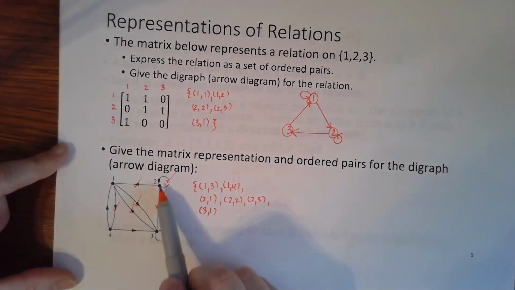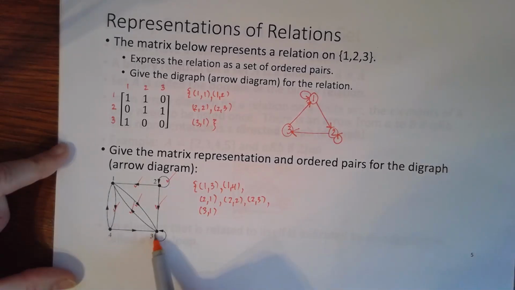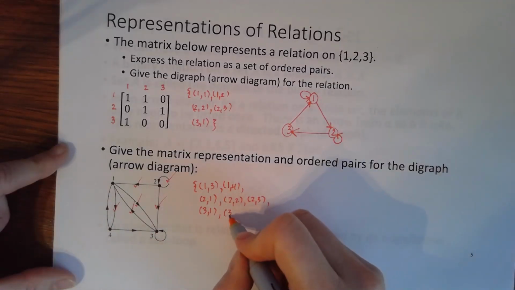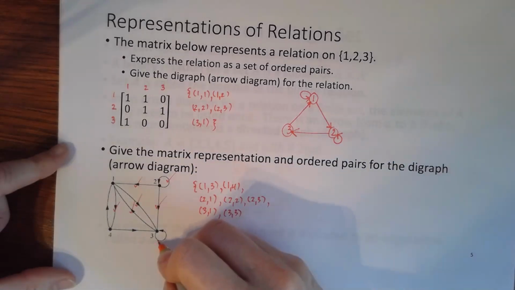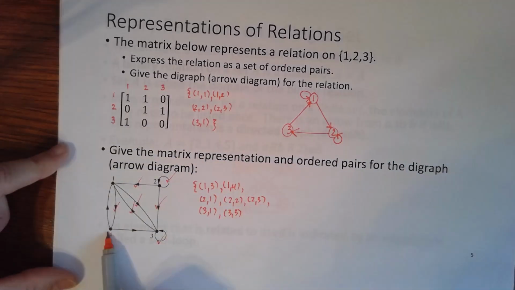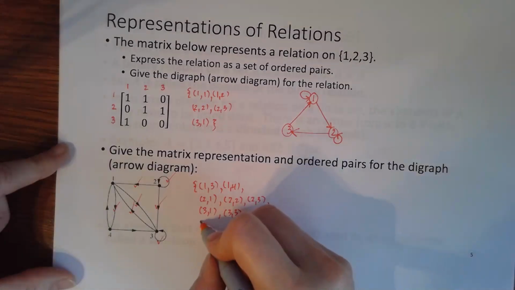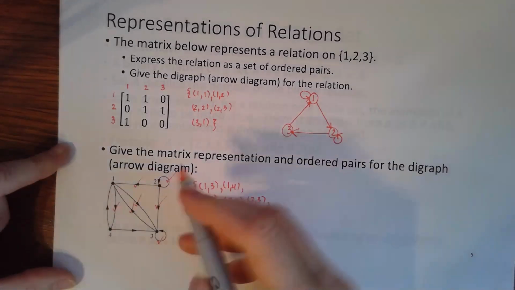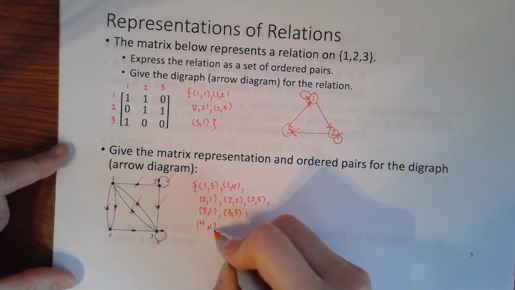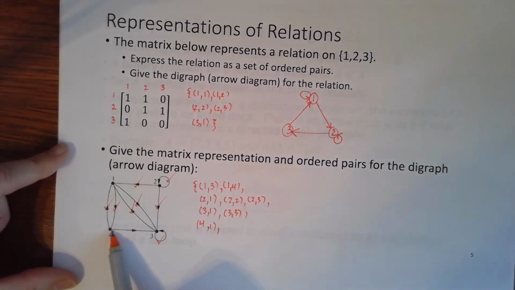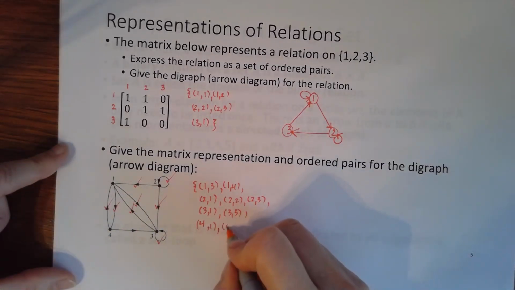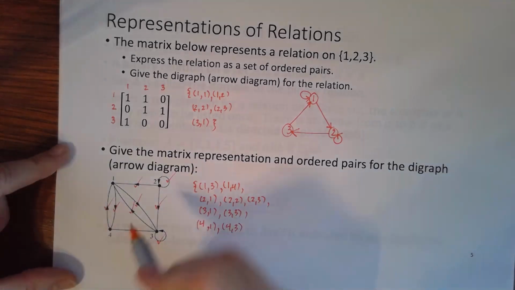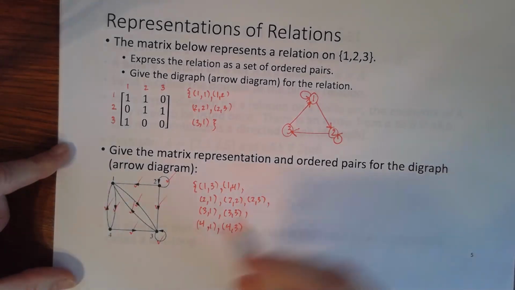There's no edge going to 2, so it's not related to 2, but it is related to itself. And there is no edge going back to 4. And then if we go to 4, 4 is related to 1. There's an arrow going back there. It's not related to 2, it is related to 3. Okay, and it's not related to itself.